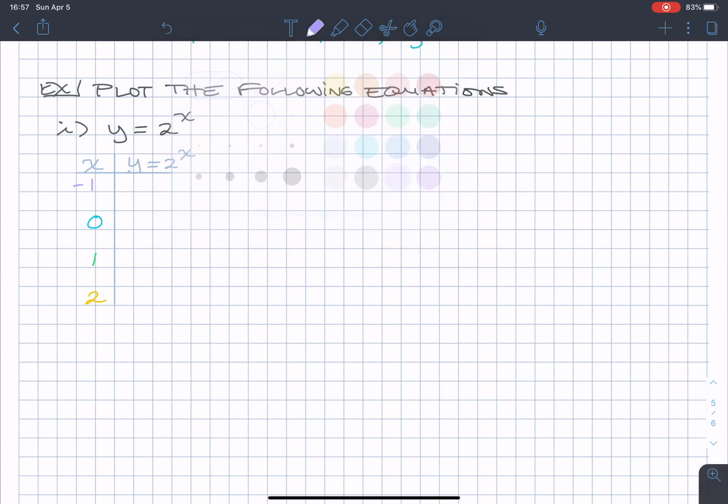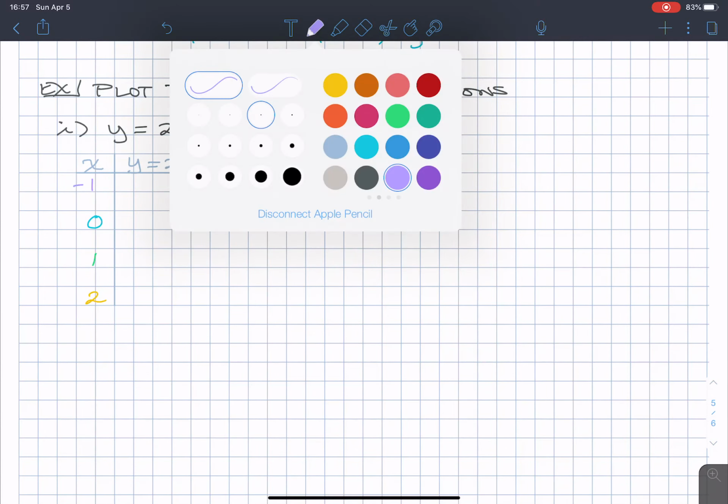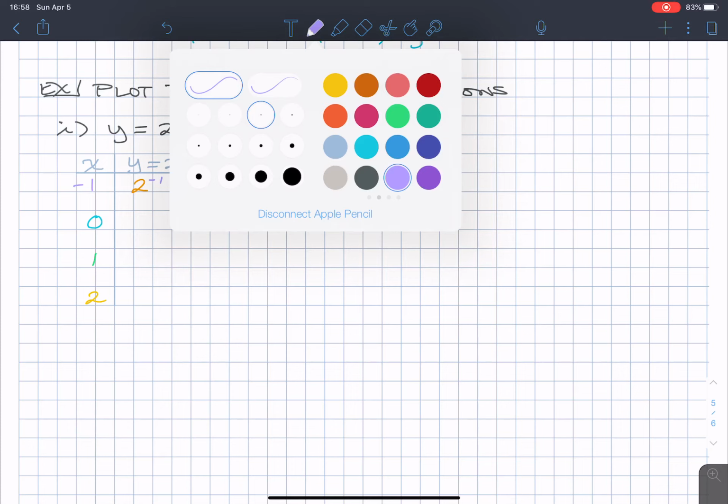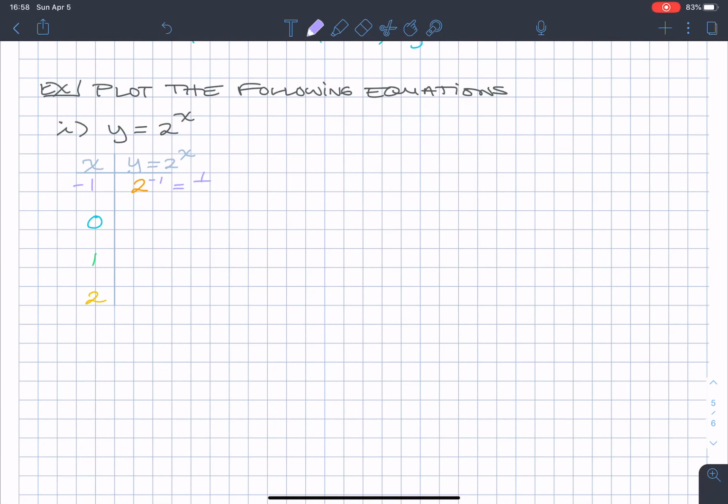So I have, let's have a base of orange. So this will be 2 to the negative first, which of course is 1 over 2, which is 1/2.